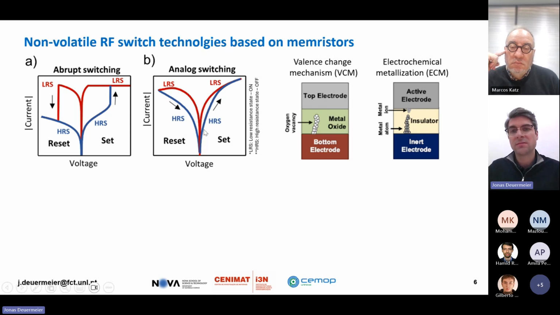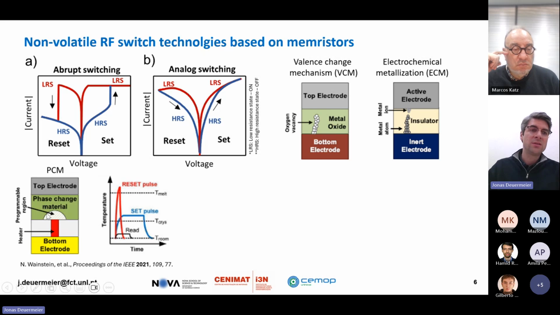This is different in phase change materials because the whole material is changing essentially, or at least a large part of the material. This is done by applying currents as well, but the currents induce temperatures which are in two different regimes.